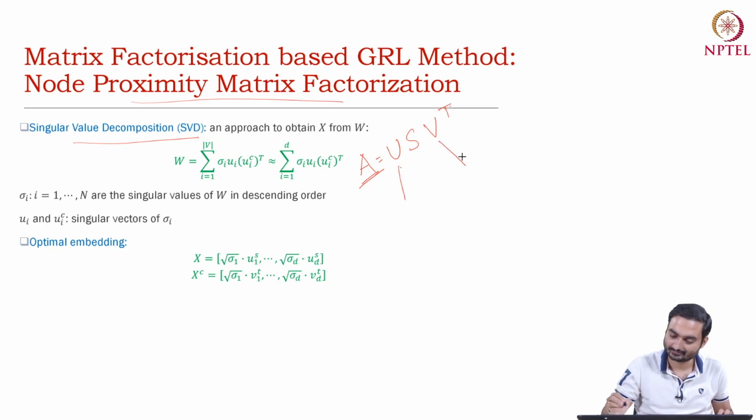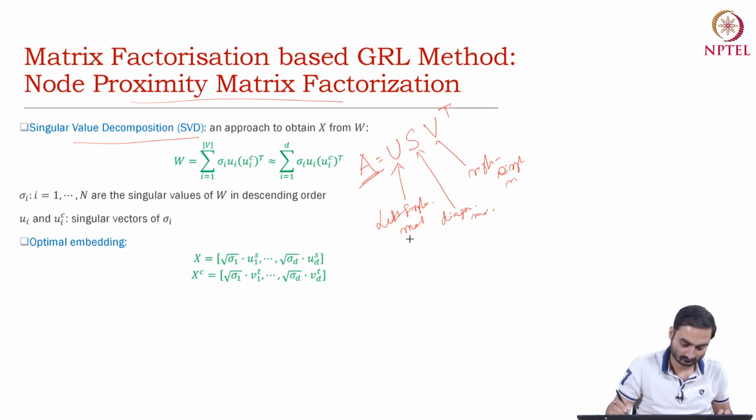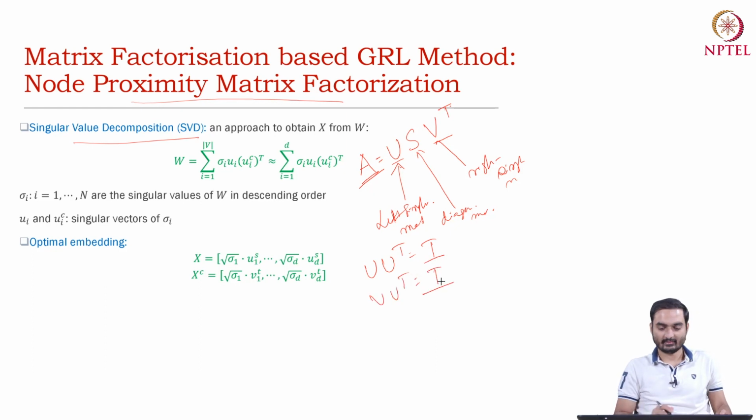U is called the left singular matrix, V would be the right singular matrix, and S would be the diagonal matrix, and U and V both of them would be orthogonal, so that U transpose U would be the identity matrix and V transpose V would also be the identity matrix, right.